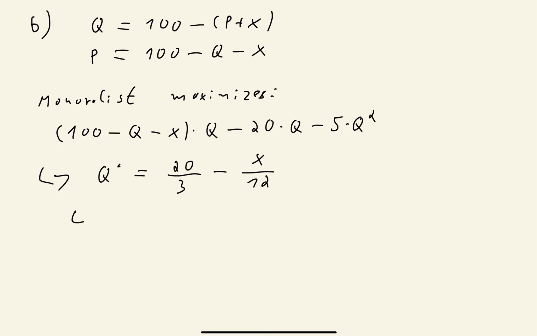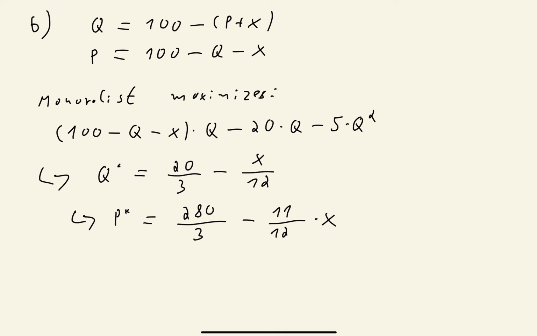And if you plug this into the inverse demand function, you get 280 divided by 3 minus 11 divided by 12 times X. Good, so those are the profit maximizing quantity and price if there is a tax of X on the consumers.